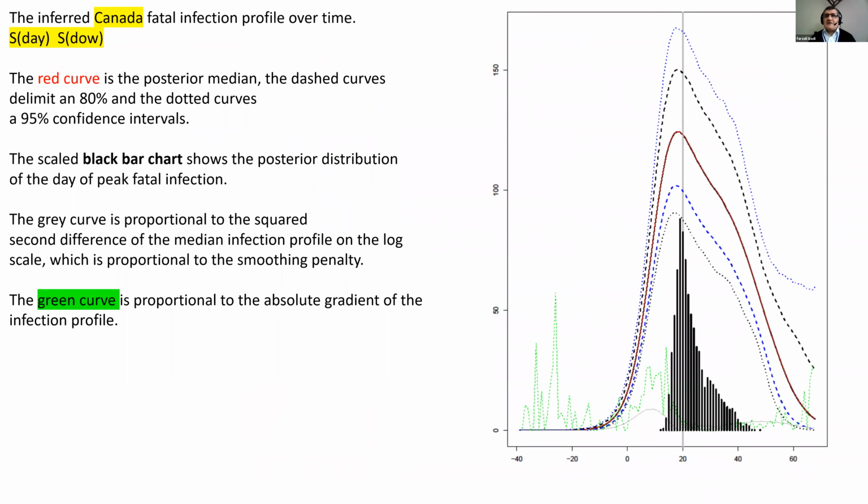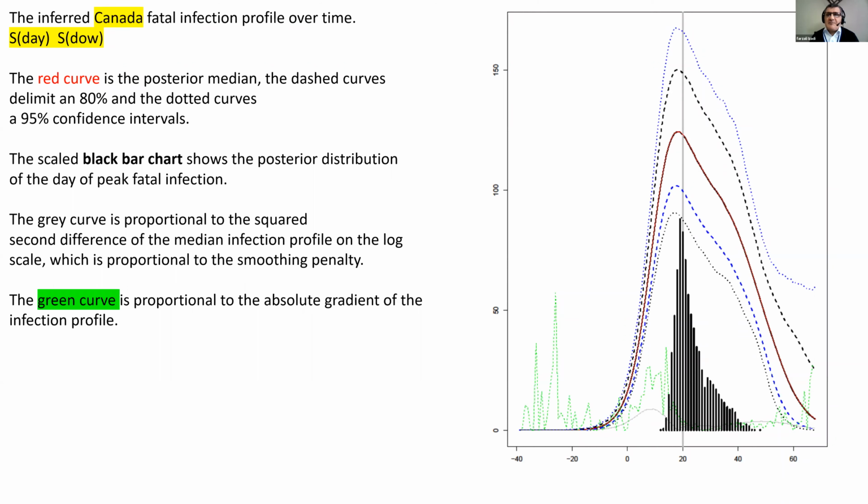And we have this function of the inferred Canada fatal infection profile over time, S-day of week. The red curve shows the posterior median. The dashed curves show the 80% and the dotted curves the 90% confidence interval for the posterior median.